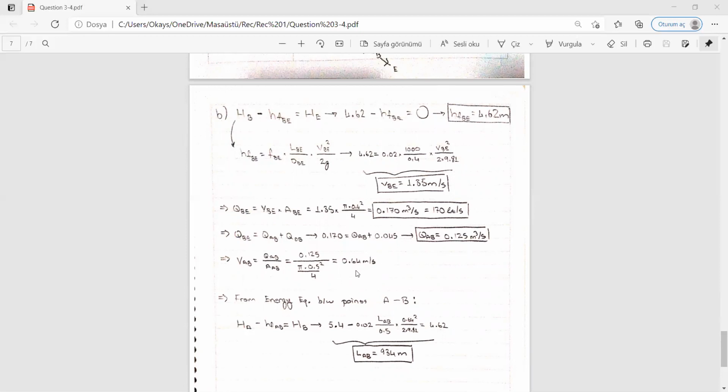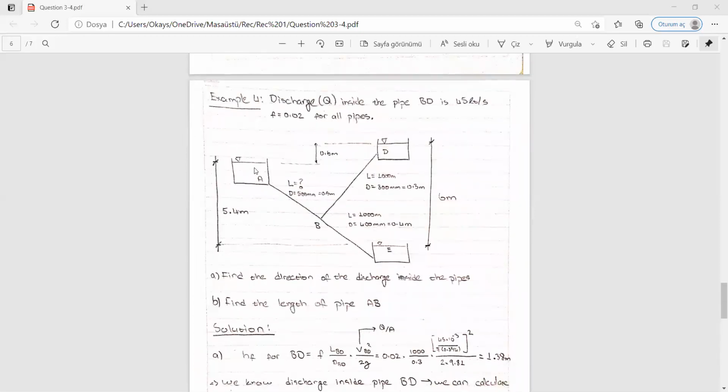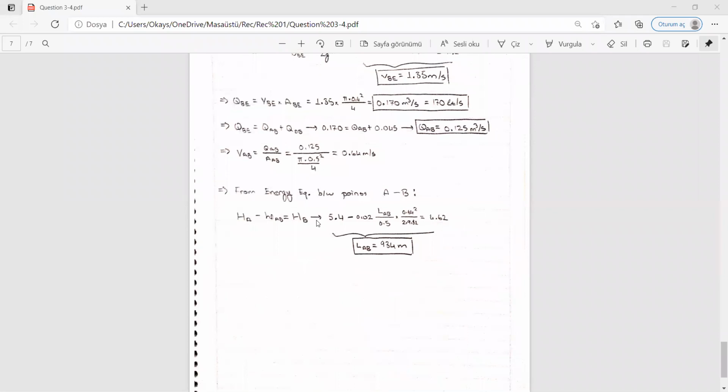So by using this velocity, how we can calculate the length of the pipe is if we write the energy equation between point A and point B, we can find the major head loss. It will be like we did in this pipe. We will find the major head loss, and since in the major head loss equation there is a length, once we find the value of the major head loss, we can calculate the length of the pipe. So let's do it quickly.